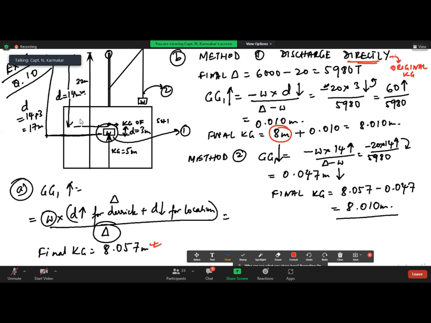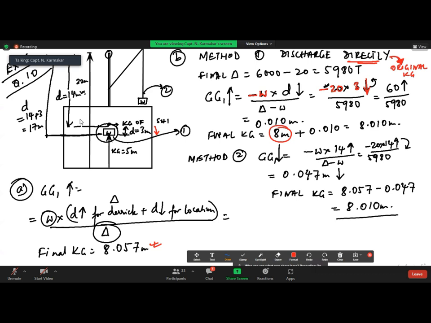So discharge directly, we are going to use the original kg of the ship. So I have the weight to be discharged, minus W. Now the position of the weight is 3 meters below the kg of the ship. So minus 20 multiplied by 3 meters downwards.